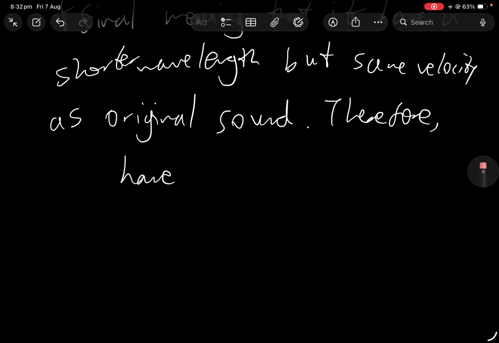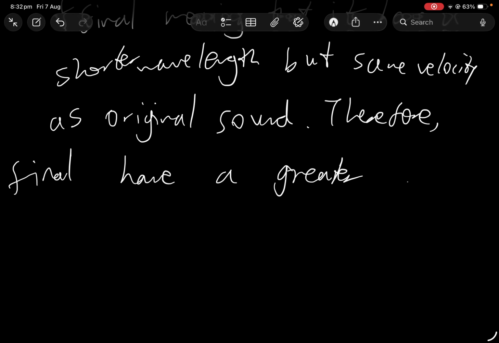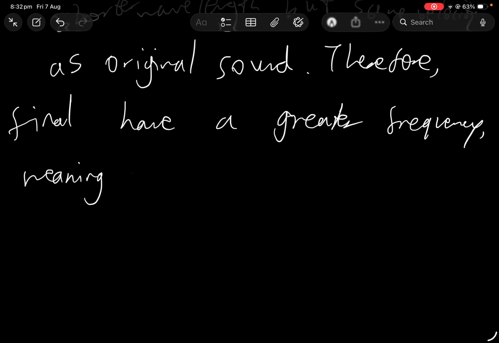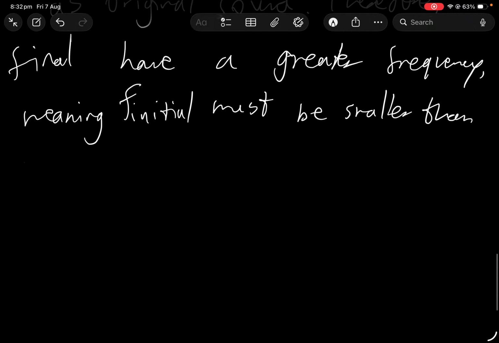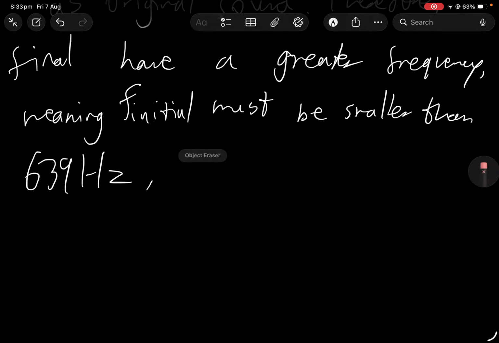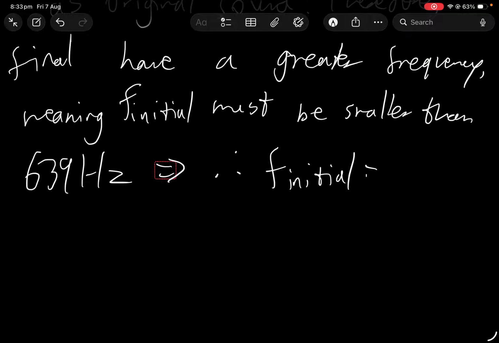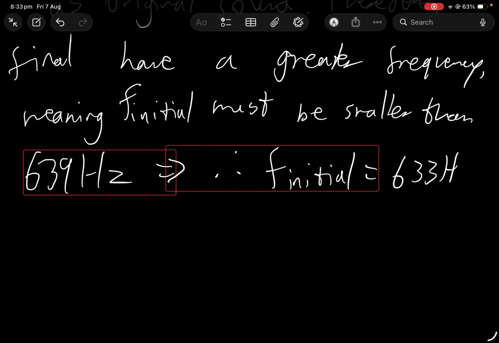Therefore, final has a greater frequency, meaning initial must be smaller than 639 hertz.